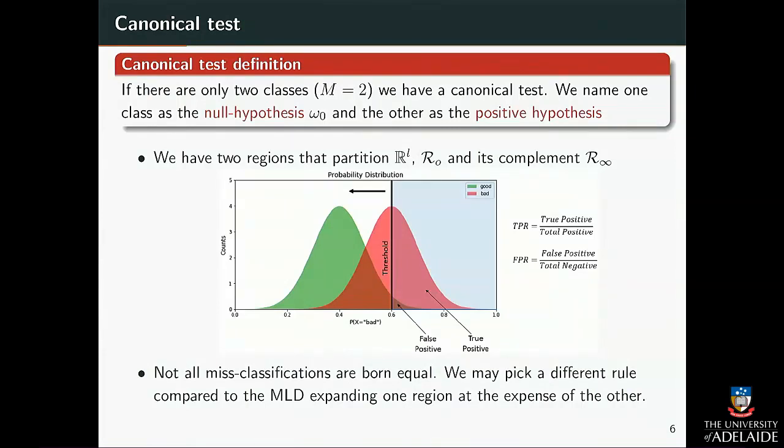Now, your decision in this case is completely characterized by a threshold. So you take the value and you compare it with the threshold. If the threshold is in the middle of the red distribution, that means that you have a very high probability that in this event you classify it instead as this other event, the green event.